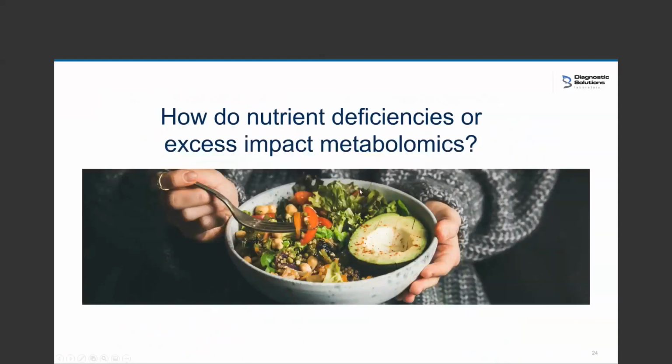So next, my other question was, how do nutrient deficiencies or excess impact metabolomics? And metabolomics is trying to shift away from avoiding disease to getting the right nutrients and optimizing overall health and biochemical function. So what pattern do you want to see?